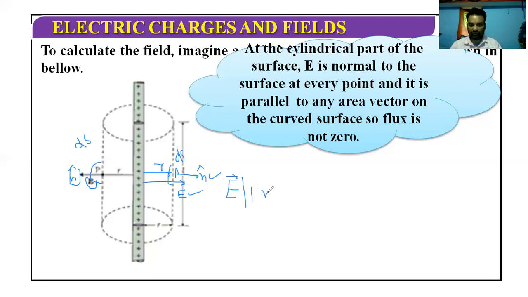Unit vector means we took a small surface element, and on that small surface element we drew this normal, a perpendicular. The direction of this perpendicular is the same as the direction of the electric field. So E is parallel to n. Also we can say that the electric field is perpendicular to the curved surface, and the curved surface is 2 pi RL.